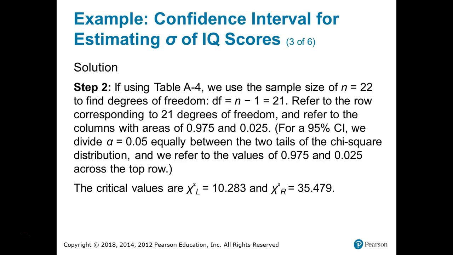Okay, so we have n equals 22, so the degrees of freedom is 21. Refer to the row corresponding to 21 degrees of freedom, and then refer to the top columns with areas of 0.975 and 0.025. So then we get the critical values of 10.283 and 35.479, which happen to be the same ones from the earlier example, I believe.